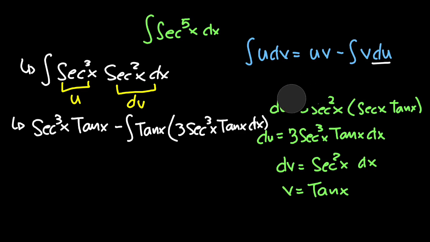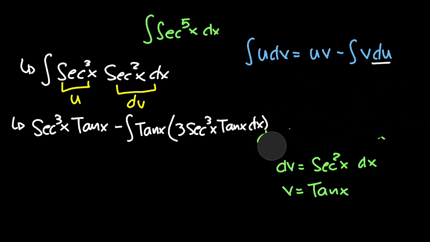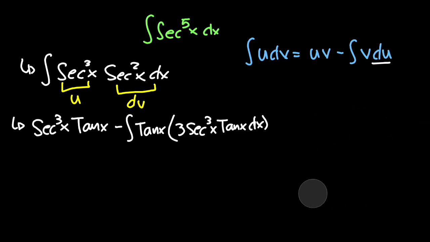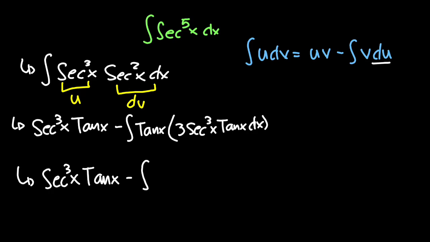Let me just make some space here. Now that we have that, we can simplify this. You can see here that tangent of x would multiply against each other. But first, let's put the coefficient in here.